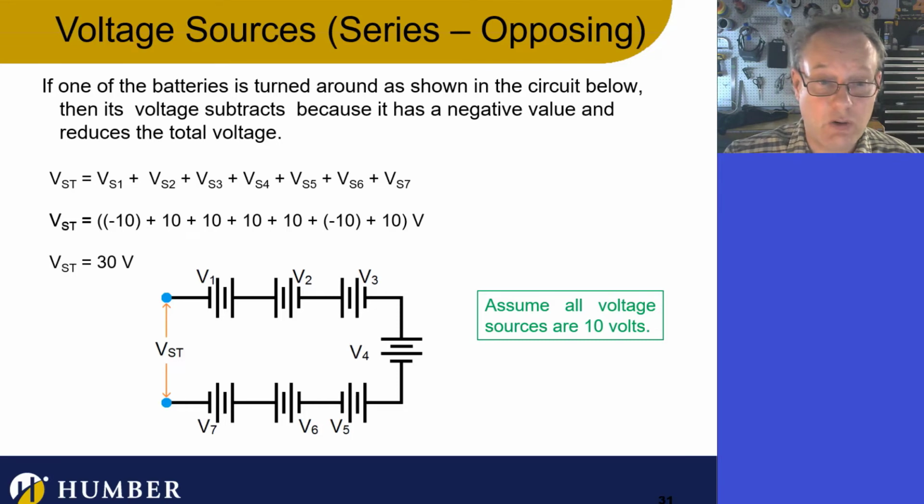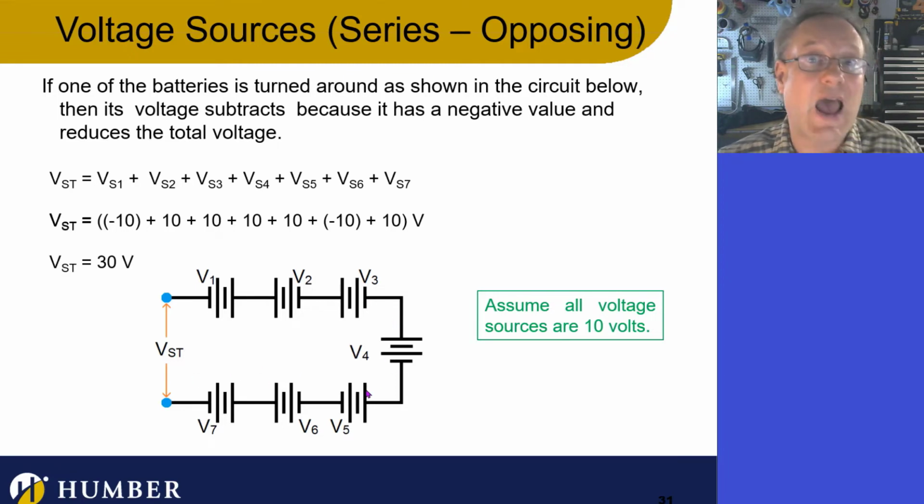So these 2 are useless. This guy and this guy cancel each other out, and so does this one and this one. So I'm only left with 1, 2, 3 that are actually giving me forward voltage. There you go. So be mindful of that and be careful, because on the midterm exam, there's a question just like this and some of them are backwards.